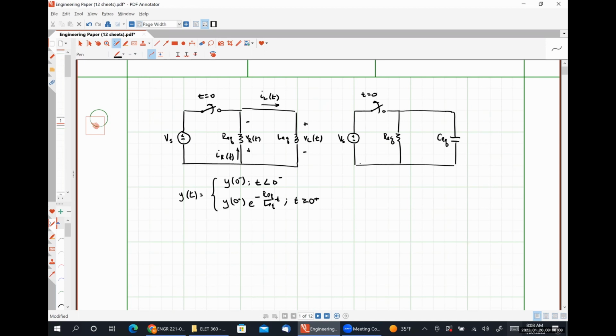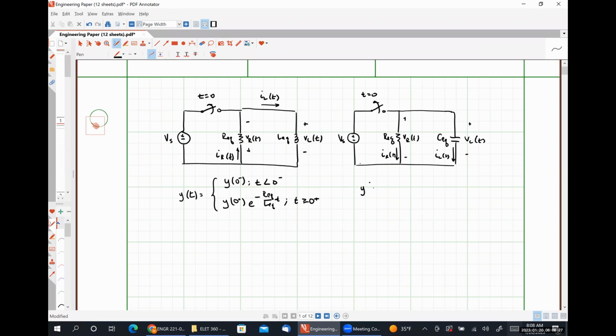So let's call this voltage VR. This is our current IR. This will be our voltage VC. And this will be our current IC.